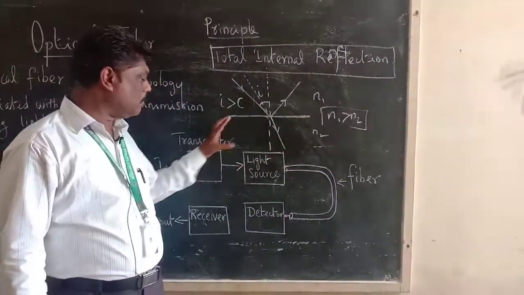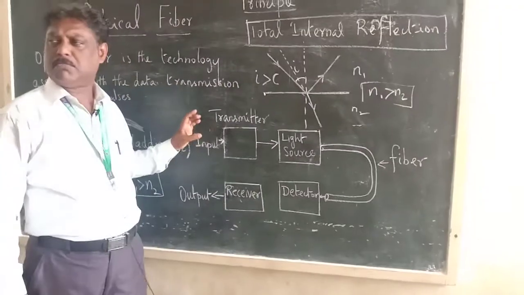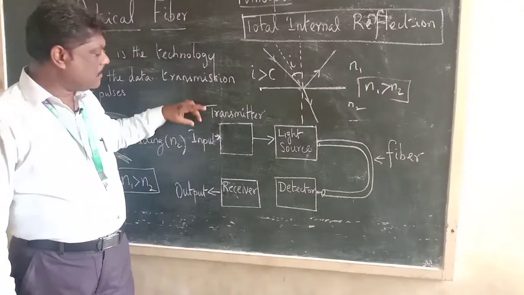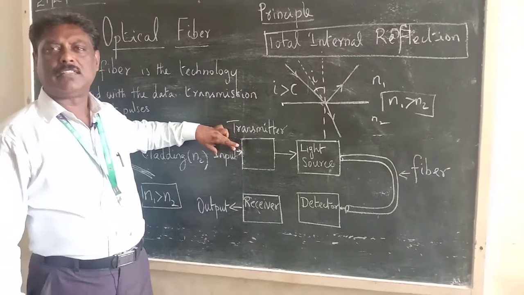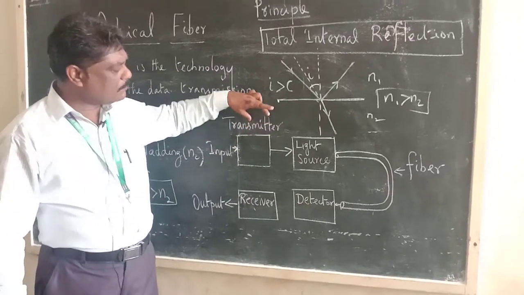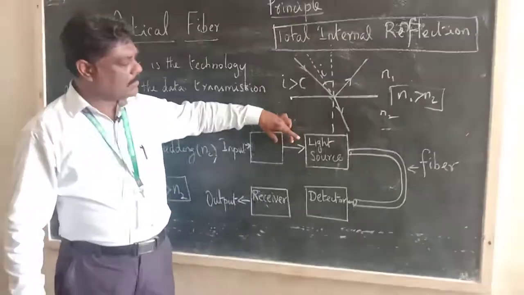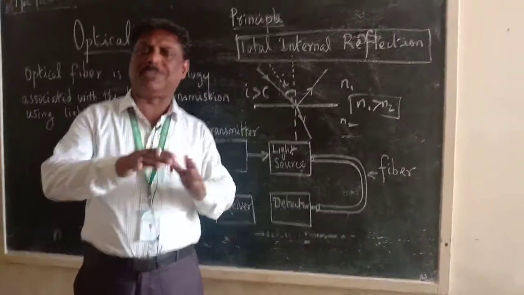And here, look at this, this is the block diagram of fiber optical communication. Whatever be the input signal, it is converted into digital form. Then it is transmitted through a transmitter. Then using a light source, the signal is modulated.